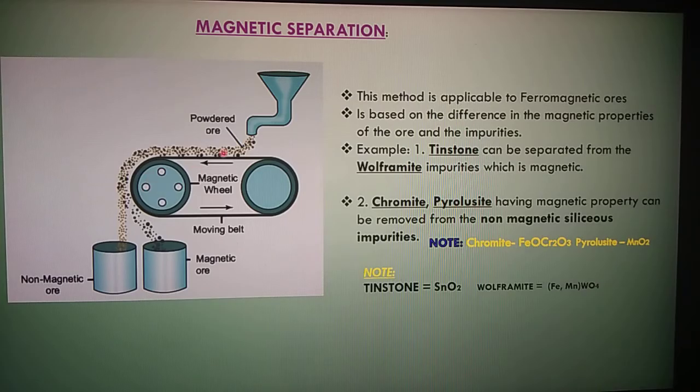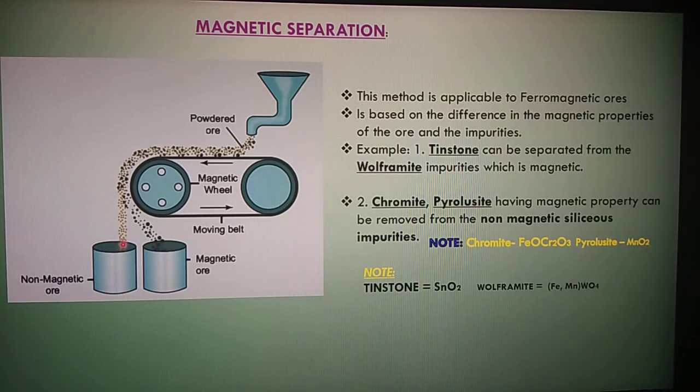What happens? The powdered ore contains magnetic ore as well as non-magnetic ore, isn't it? So the magnetic substances all fall very close to the magnetic wheel, very close to the container.